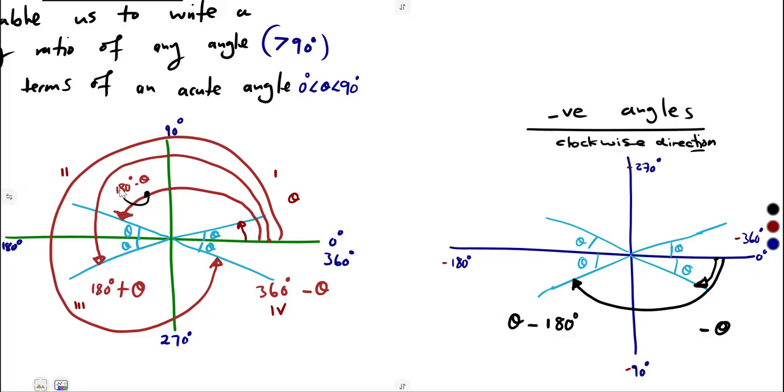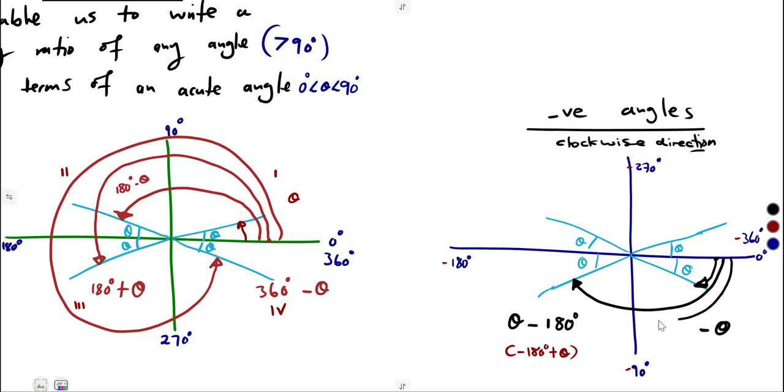Remember, you're saying 180 degrees minus acute. This time it is the acute angle minus 180. So this is the same, even if they write it as minus 180 degrees plus theta. We just started with the negative 180 plus, it's one and the same. Right? So do not be confused on this.